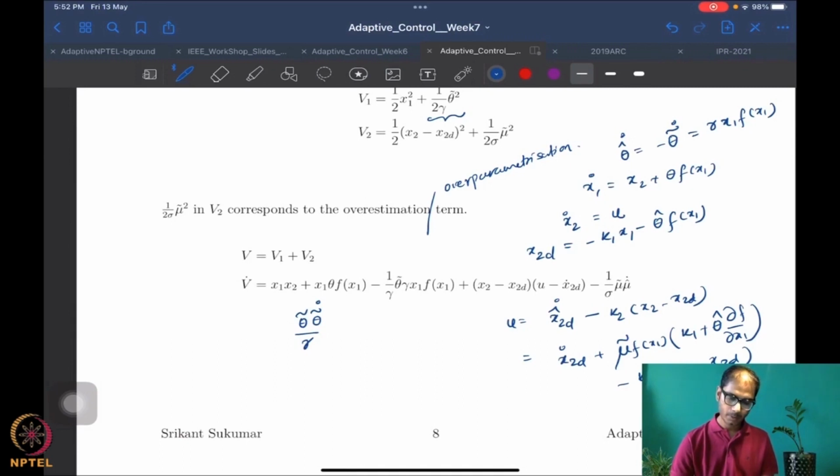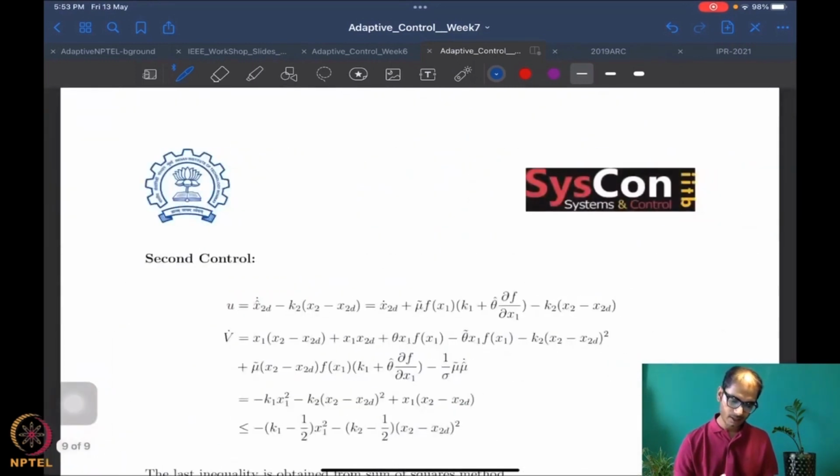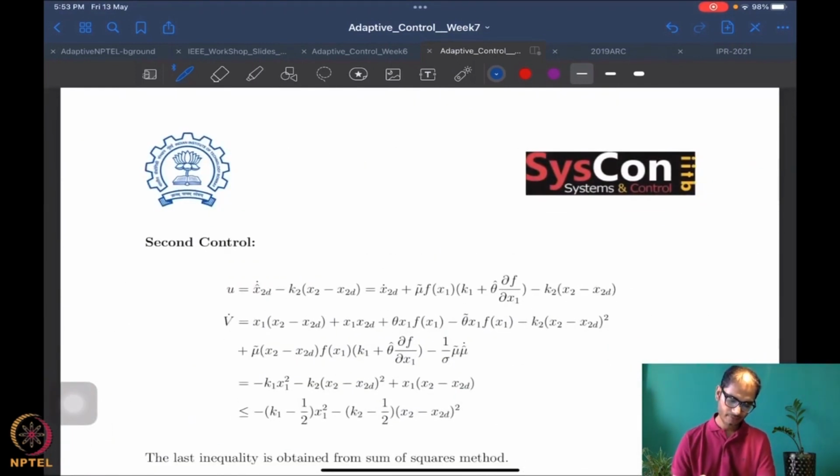Okay, and I think we are fine here. This is just theta tilde dot is minus theta x1 f(x1) minus theta tilde. So this should be equal to minus theta tilde x1 f(x1). Okay, let's see what's there in the next step.